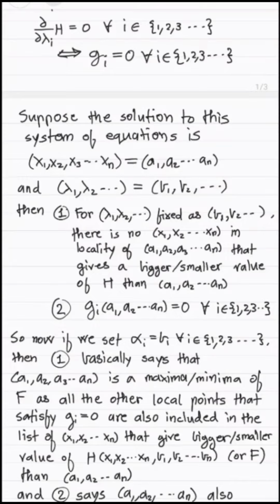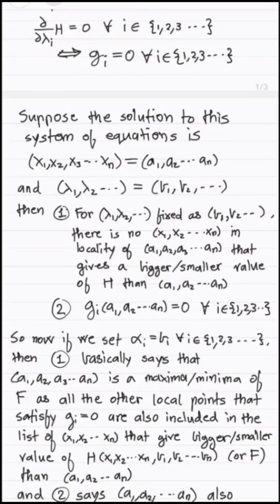There is no x1, x2, x3, and so on till xn in the locality of a1, a2, a3 till an such that it gives a bigger or smaller value of H than this a1, a2, a3 set, right?